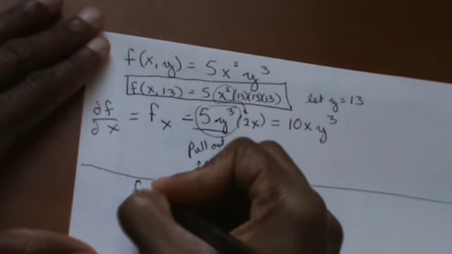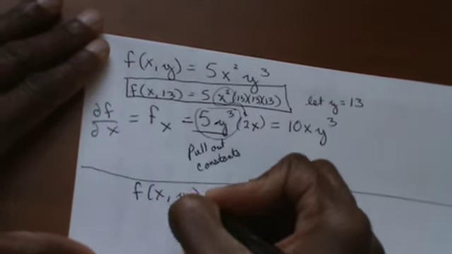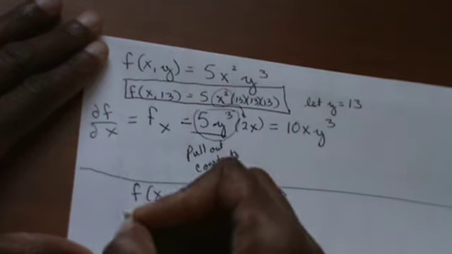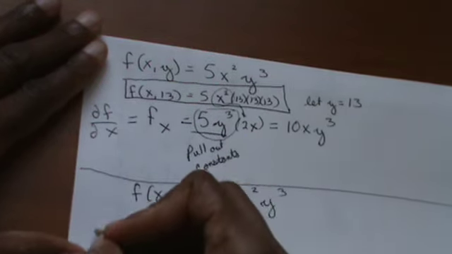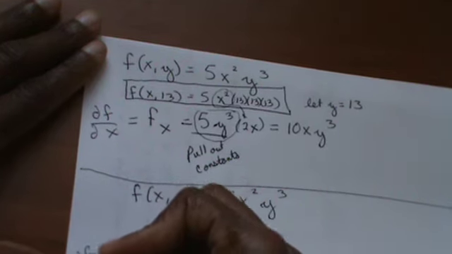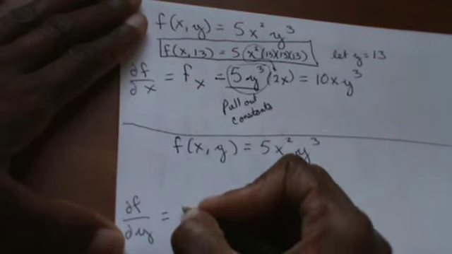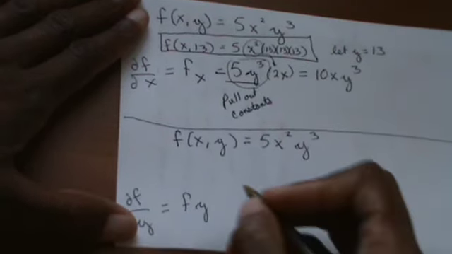So if f of xy is equal to 5x squared y cubed, then df dy equals f sub y as shorthand.